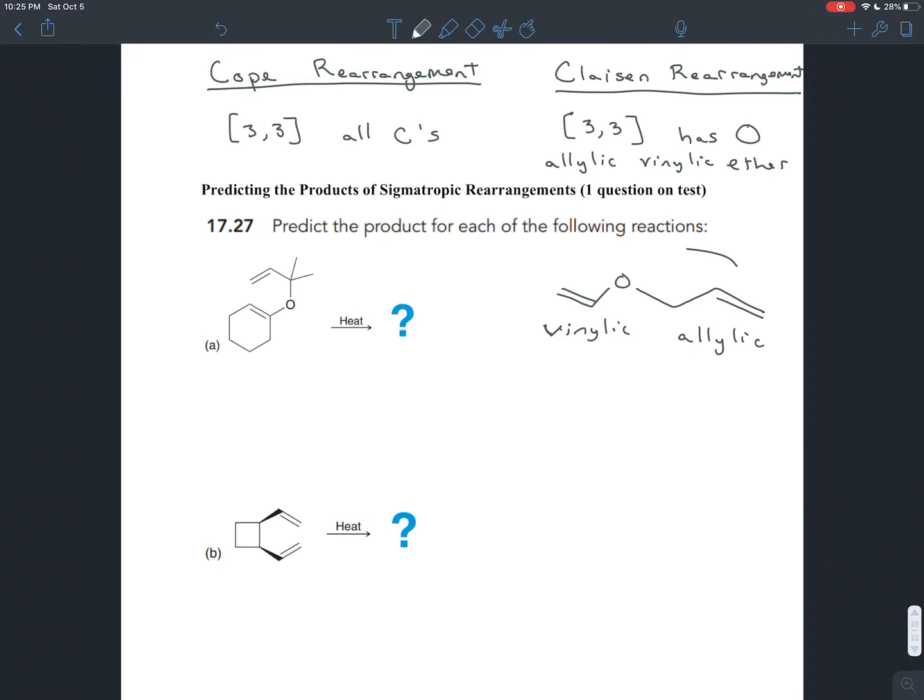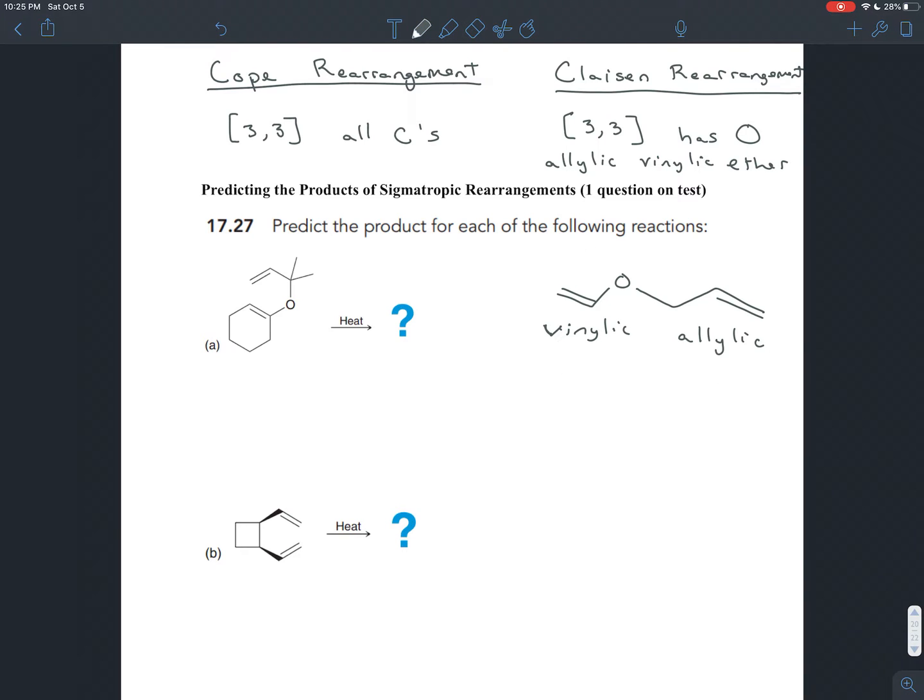So anytime you have this pattern, an allylic vinylic ether, you will have this Claisen rearrangement, which means there are going to be three atoms from where a new sigma bond is formed to where an old sigma bond is broken.